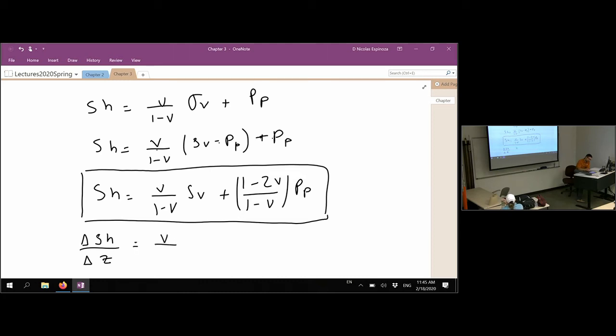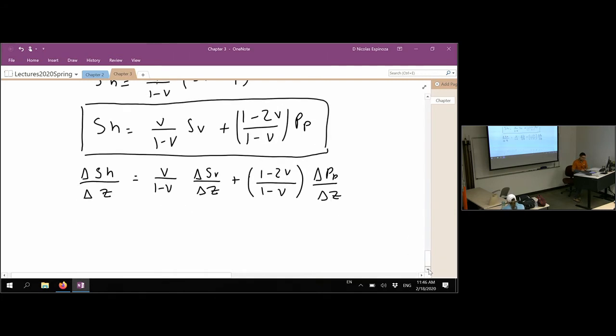I'm going to assume this Poisson ratio remains constant with depth, so this is just going to be the variation of the vertical stress with the variation of depth, and since the Poisson ratio does not change with depth, this is just going to be the change of pore pressure with the change of depth.